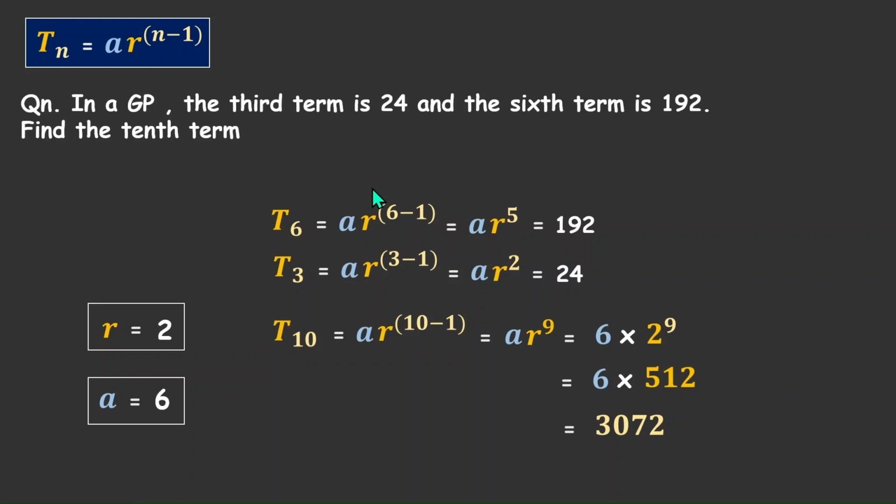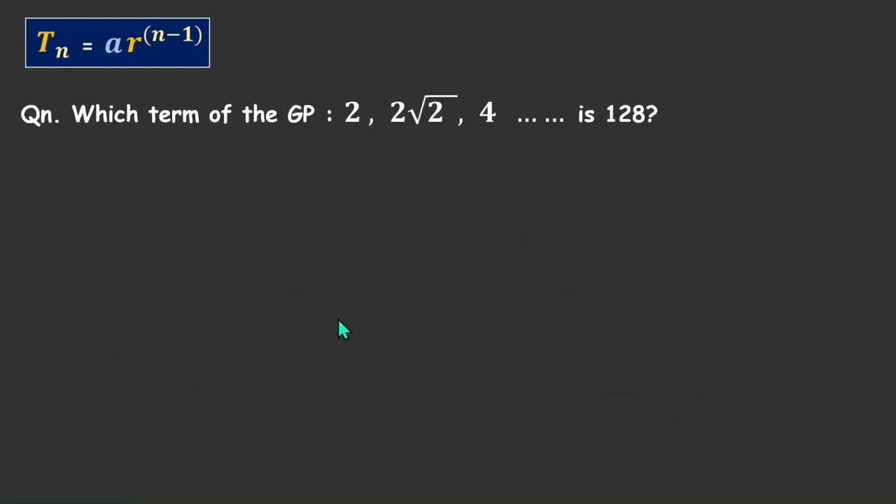So now let's move on to the next question. Our GP is 2, 2 root 2, 4, and so on. In this GP, we have to find the values of A and R. Here the first term is 2, so our A is equal to 2. And our common ratio is the ratio between any two consecutive terms.